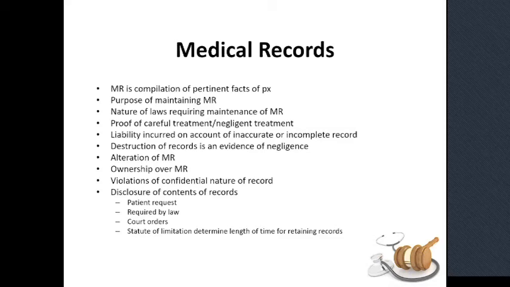Now, you might also be asked, for instance, how long does the hospital need to keep the records? Because, for example, you have a lot of patients. PGH has thousands and thousands of patients. Does it mean that it will keep those records forever? The statute of limitation will determine the length of time for retaining records.